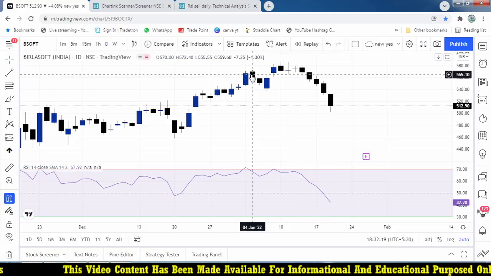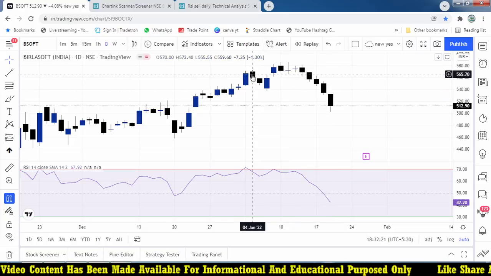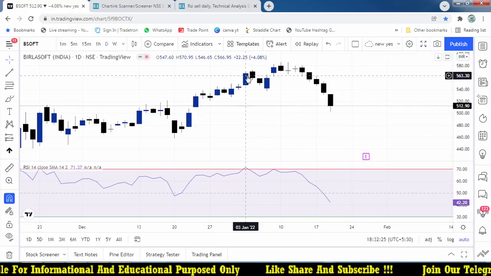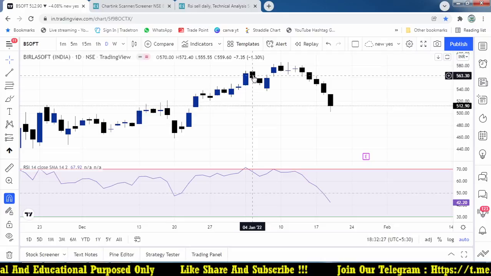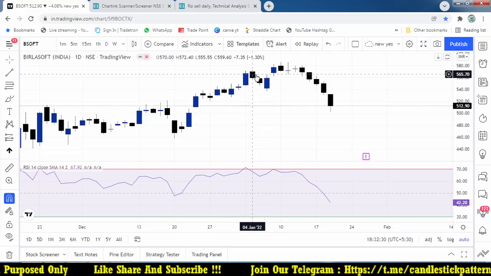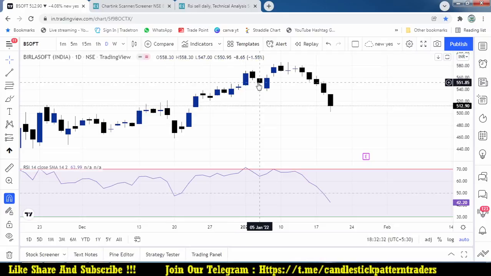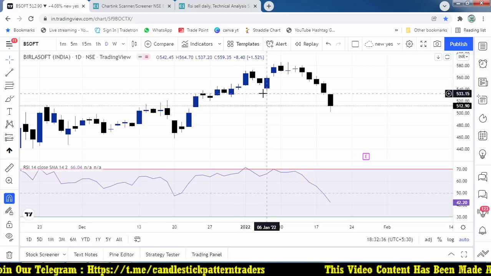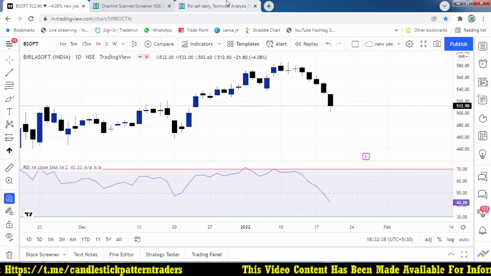Maybe this triggers your 659.6 to 670, 10 rupees stop loss, but you have taken 10 rupees of risk. 659 to 59.6 is the close and the high is 70. Meanwhile it made a low of 37, so it is generating a profit of 1:1. That is what we are expecting.